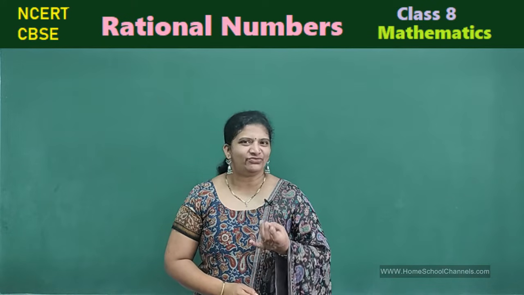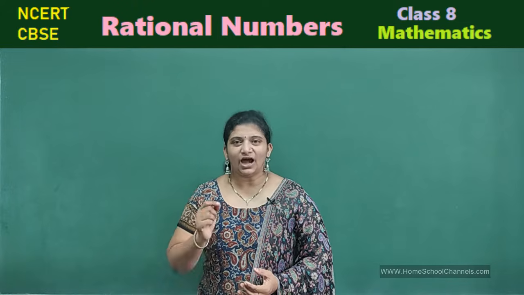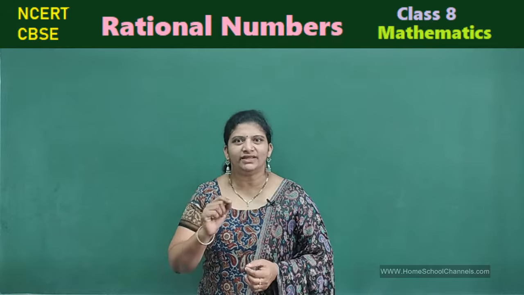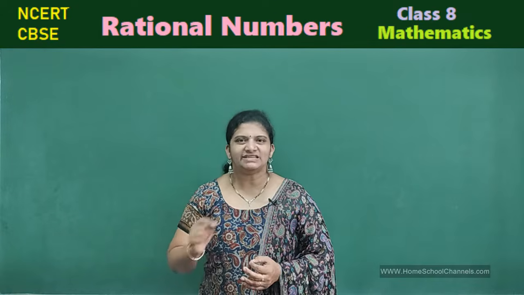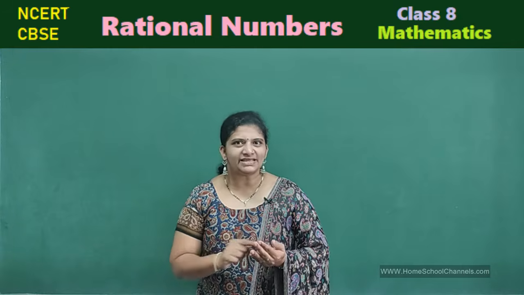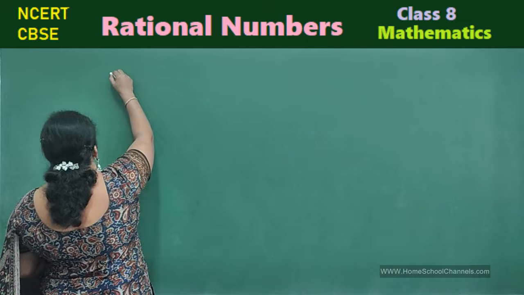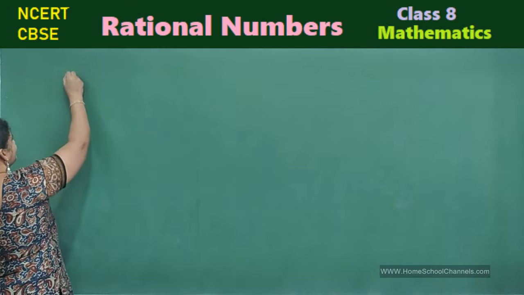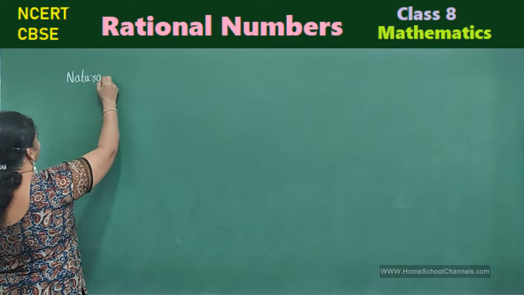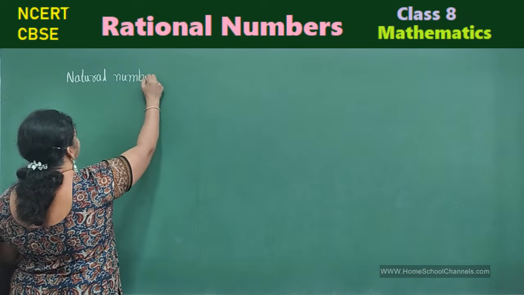1, 2, 3, 4, 5. What am I doing? I am counting. Counting fingers. By what am I counting? With numbers. These numbers are called counting numbers, and these counting numbers are also called natural numbers.